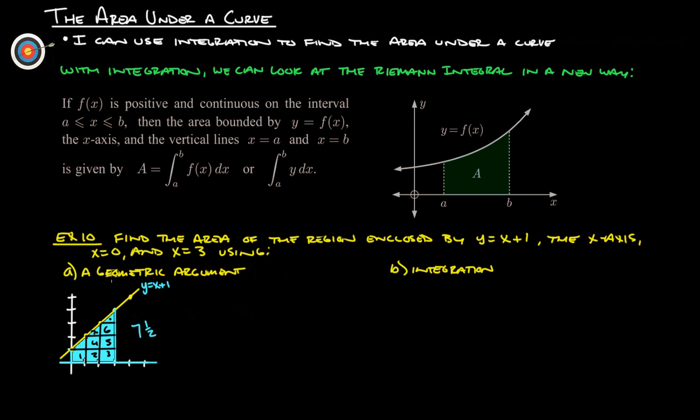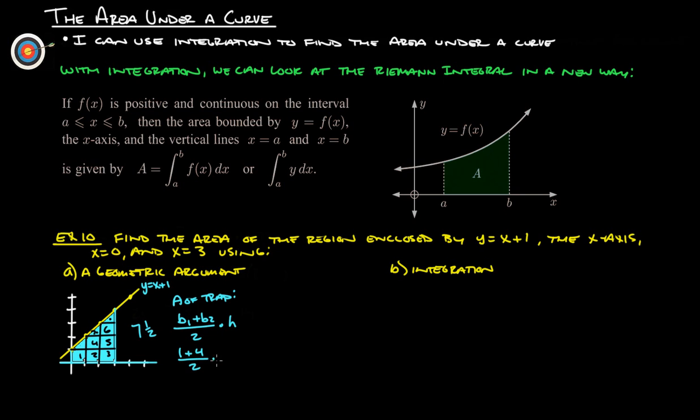A little bit more formulaic way to do it is to use a trapezoid. The area of a trapezoid is base 1 plus base 2, divided by 2, multiplied by the height. Base 1 is this over here, so that's 1. Base 2 over here is 1, 2, 3, 4.